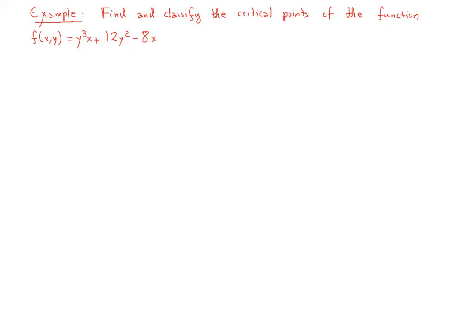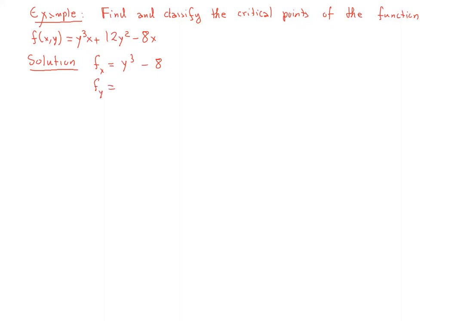Again, let's begin by finding the critical points. What is the partial derivative with respect to x? It's going to be y^3 - 8. And what is the partial derivative with respect to y?